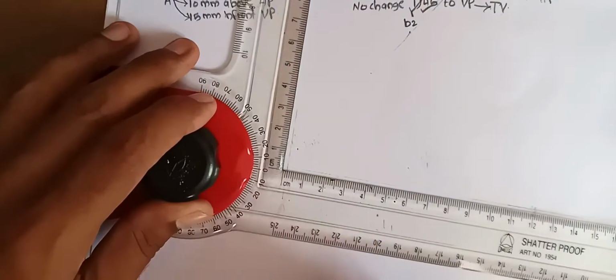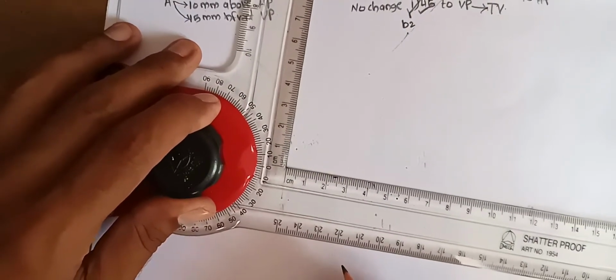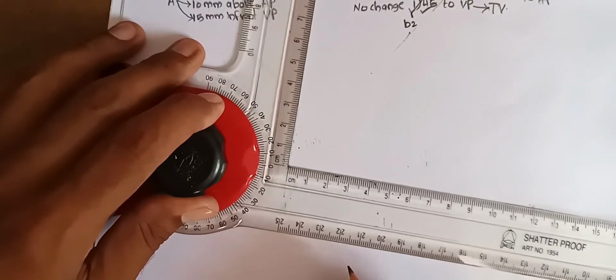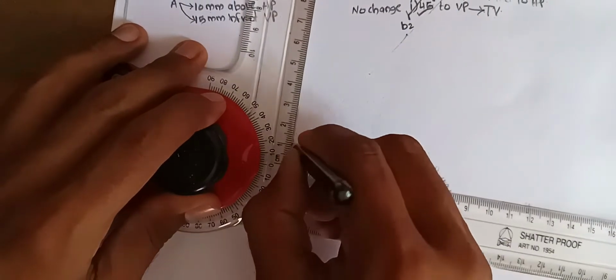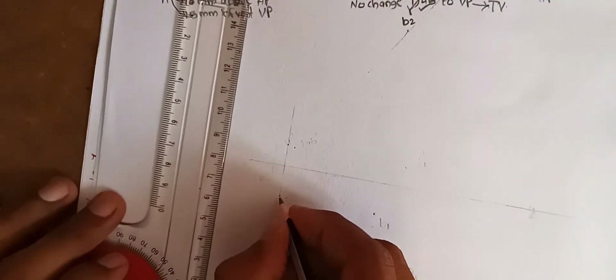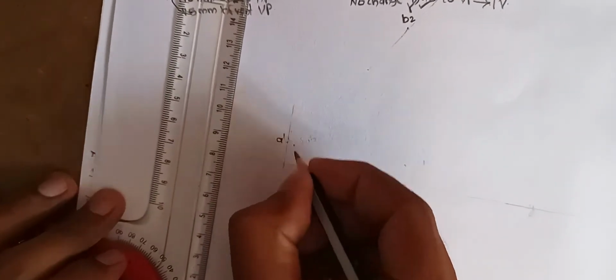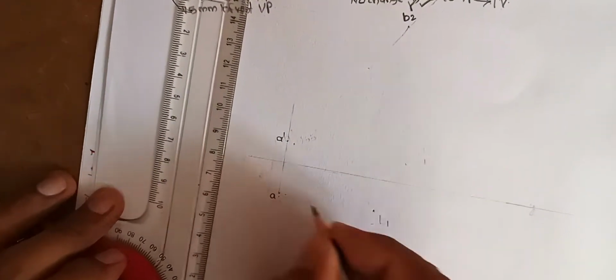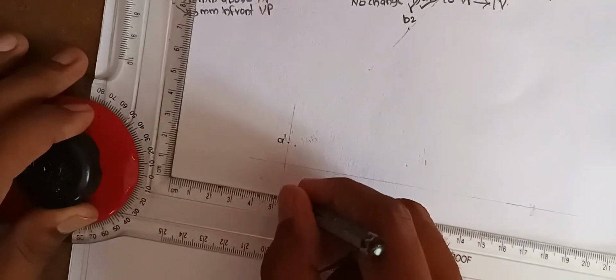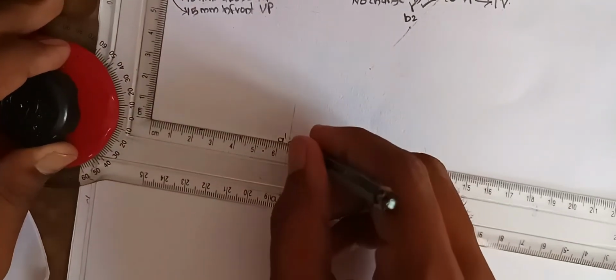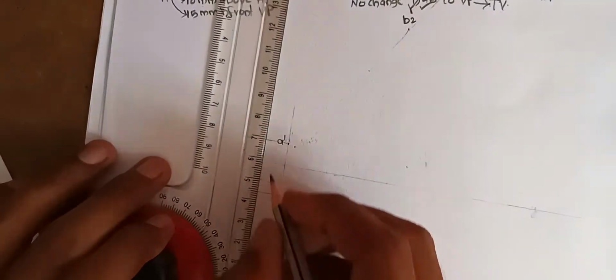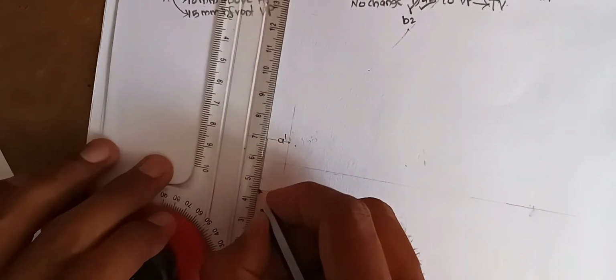So we have to locate the points: above 10 and below we have 15. That is A dash, since it is front view. It is A, since it is top view.